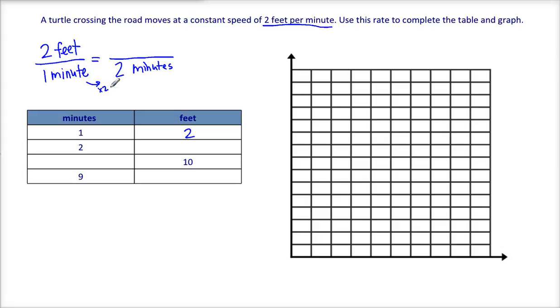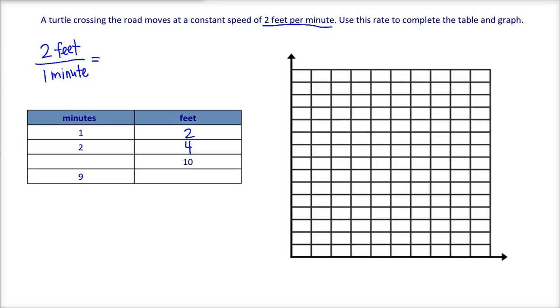I times by 2. So I have to do the same thing to the top. 2 feet times 2 is 4 feet. And that makes sense, right? If it's 2 feet every minute, then if it's gone for 2 minutes, it would have traveled 4 feet.